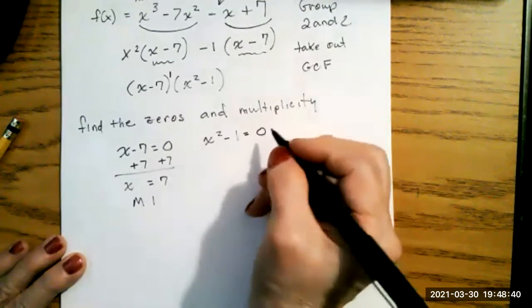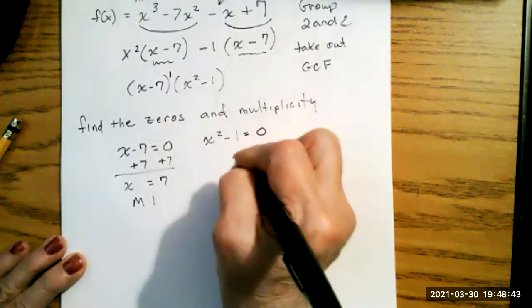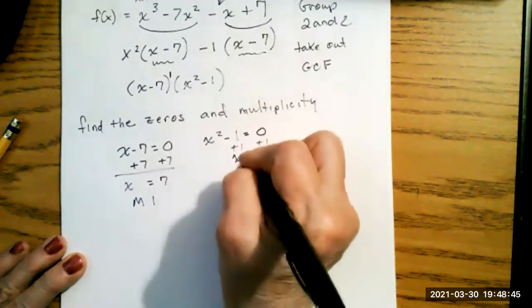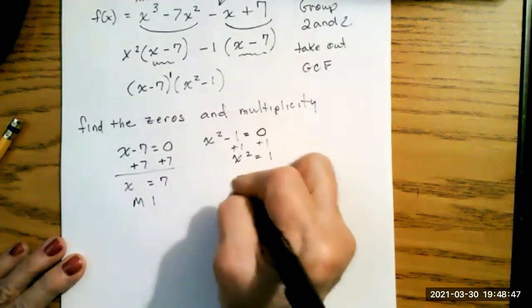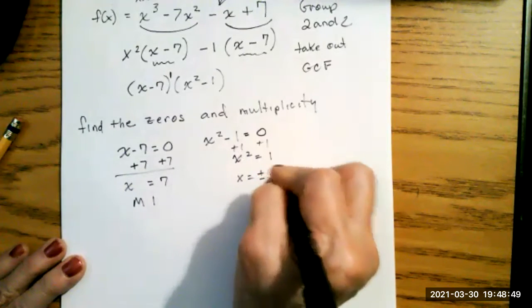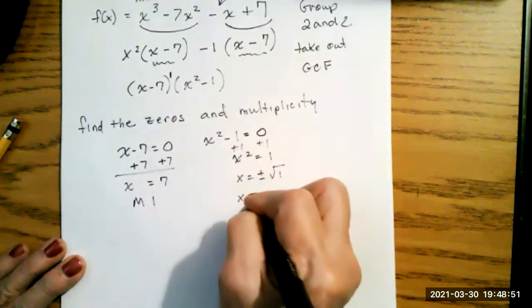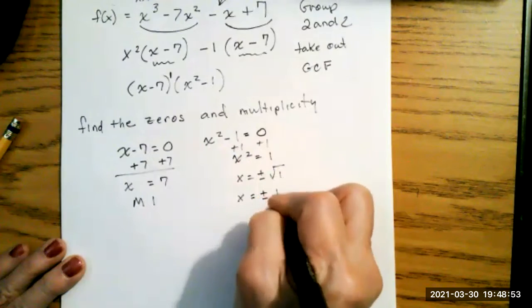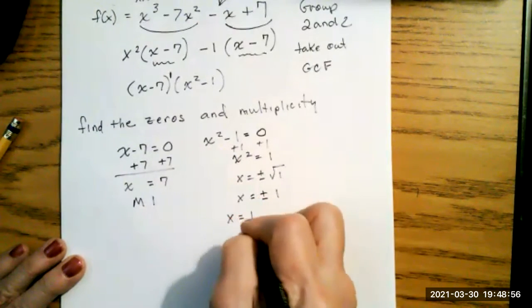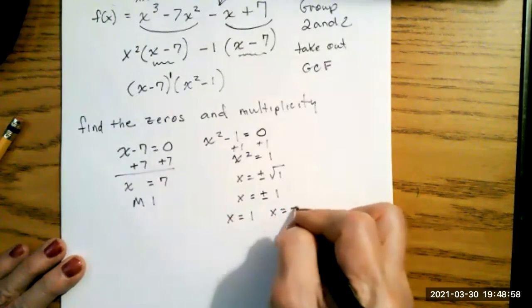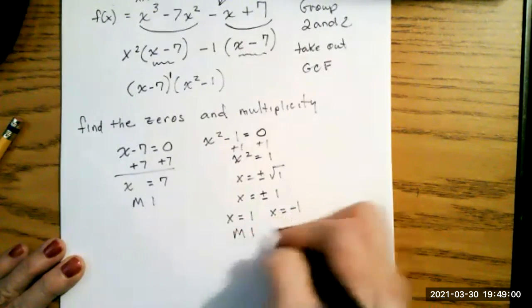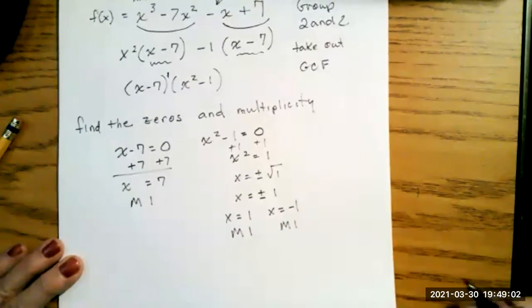On the x squared minus 1, we can do x squared equals 1, x equals plus or minus the square root of 1, x equals plus or minus 1. So we have x equals 1, x equals -1, multiplicity 1 for both of those.